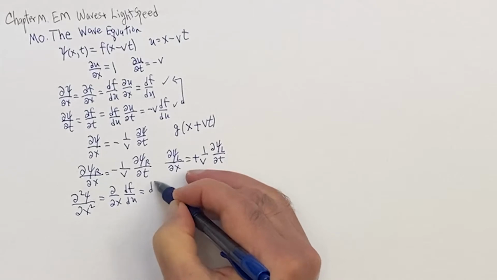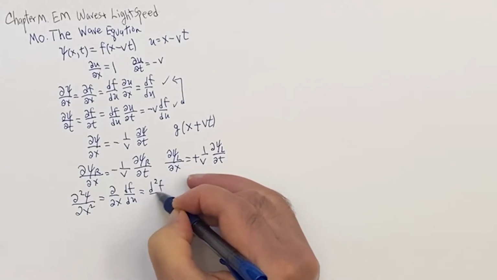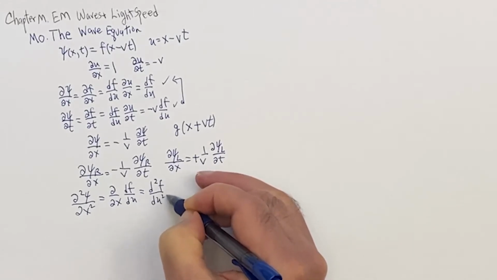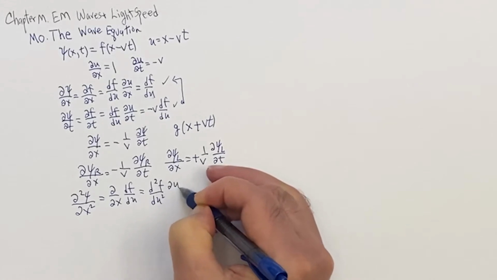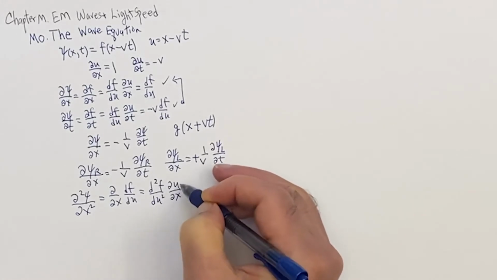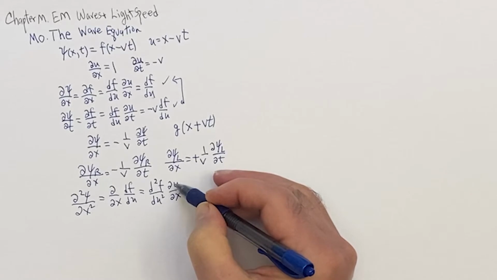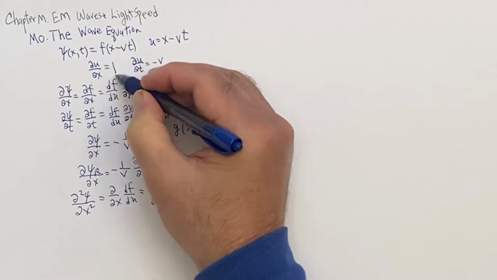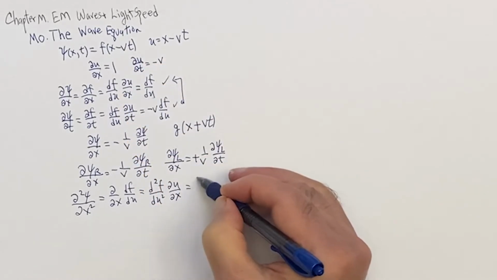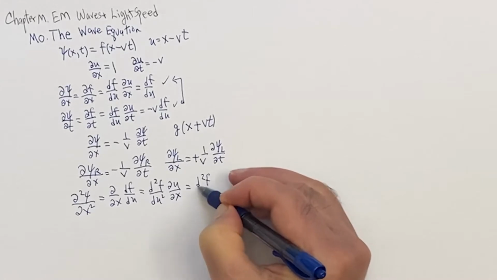And that would be the second derivative with respect to u, and then the chain rule again. But remember, du dx is 1, so this is simply the second derivative.